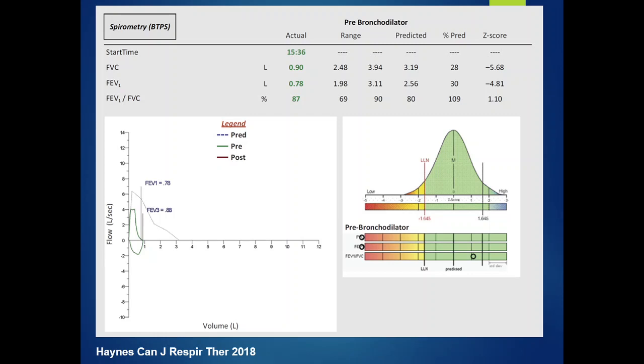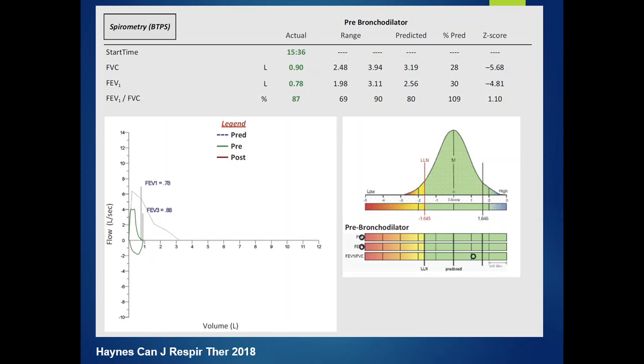If you look at this example too, the FEV1/FVC ratio is 87, which is more than the lower limit of normal and is more than 80%. So this is a normal FEV1/FVC ratio. We go straight to the FVC. The FVC is 0.9 liters, which is very low.